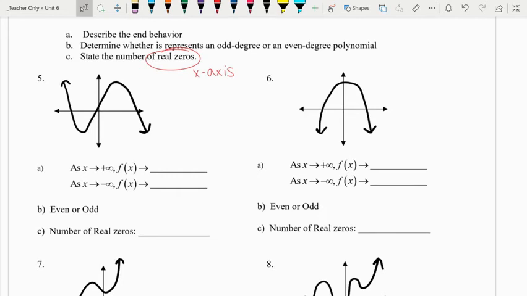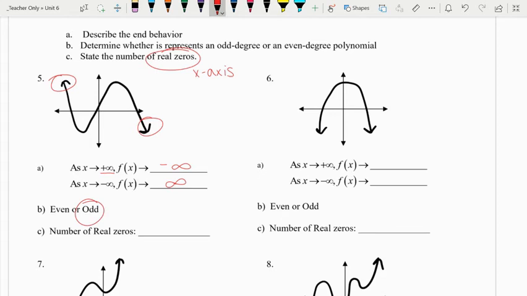So if we look here, first one says towards positive infinity, so to the right. It is going down, so that's negative infinity. As x goes to the left, our graph is going up, which is a positive infinity. Based off of this graph, because our end behavior is not the same, that means this is going to be an odd graph.